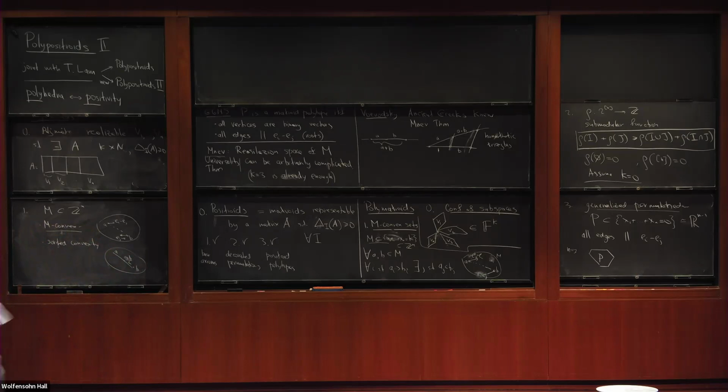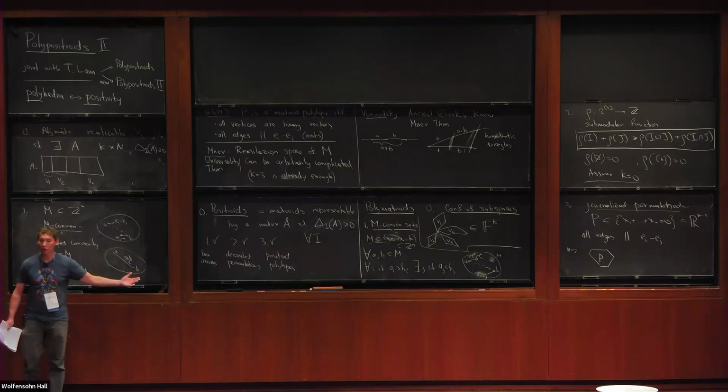So if a and b belong to M, that implies that (a+b)/2 also belongs to M, if (a+b)/2 is an integer. But it may not be an integer vector; it might involve some half-integer coordinates.